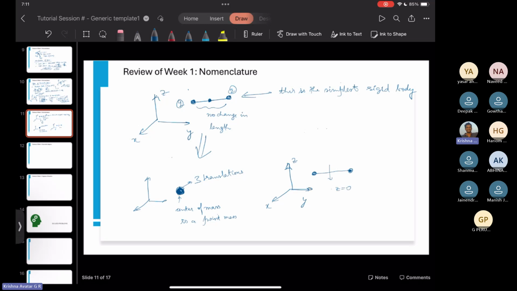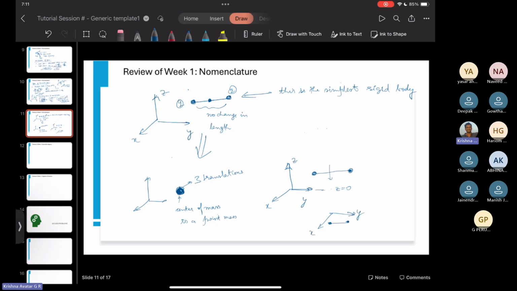So this Z equals 0 is the XY plane. Then it would be as if both the points are lying in the XY plane. So I'll just draw it like that, from this perspective, X and Y. So these two connected point masses are here.